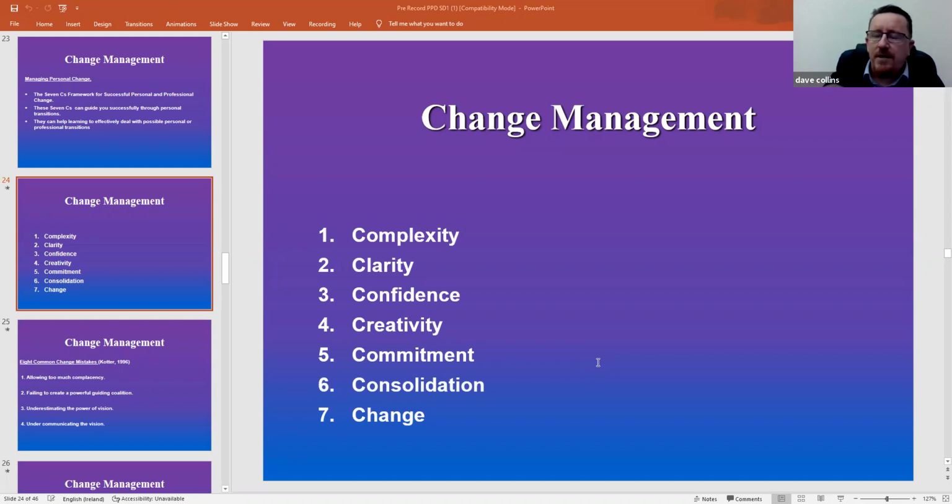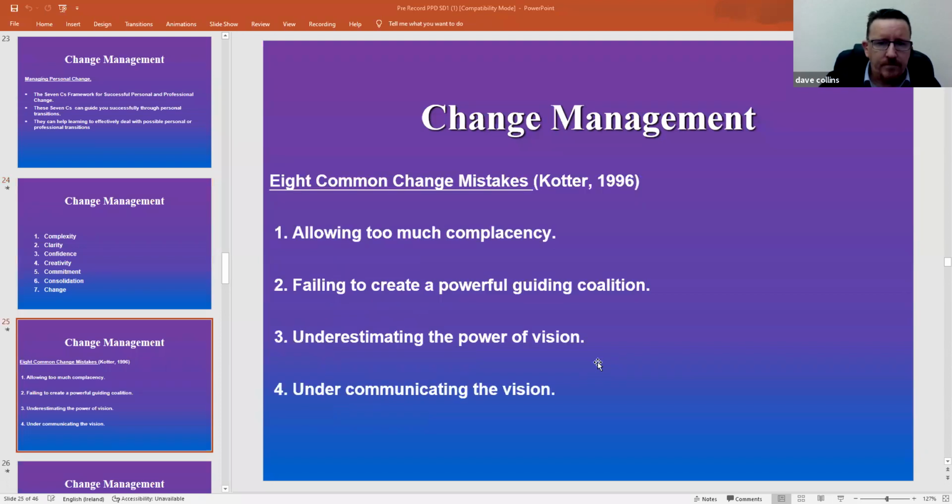You have to physically visualize yourself in that role. If you can do that, then you will get there. Like I said, confidence, commitment. For me, those would be the two most important ones there. For you guys, it might be different. But those are the 7 C's to personal and professional change.